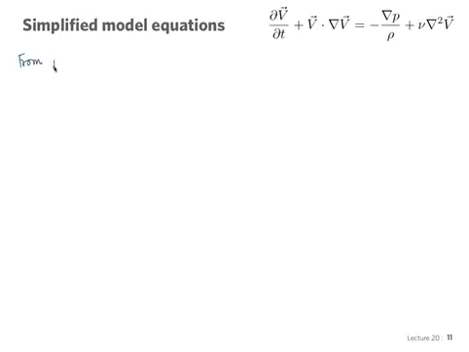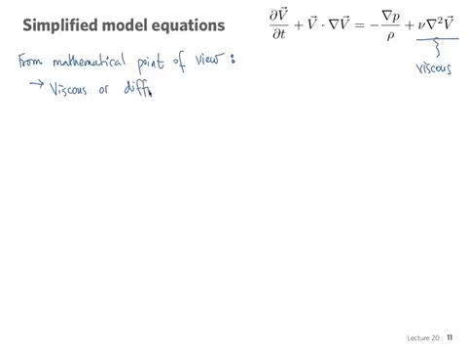in the Navier-Stokes equations, we see that the terms that represent viscous effects, this is the viscous term, or diffusive effects, are associated with the second order derivative in space.